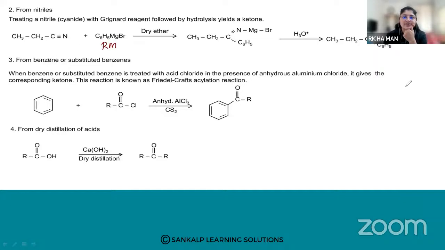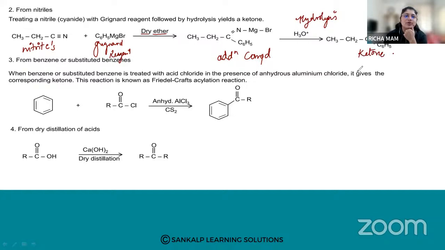Nitriles react with Grignard reagent in the presence of dry ether and give an addition compound, which upon hydrolysis will give you ketone.